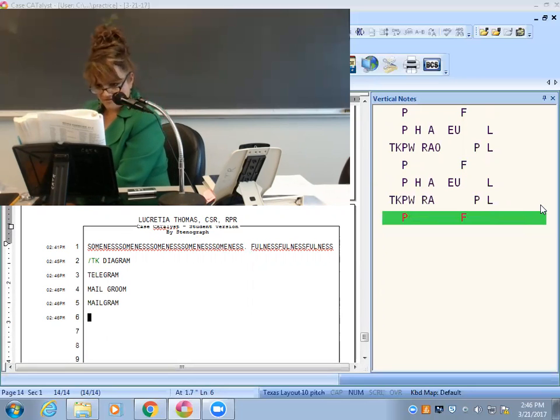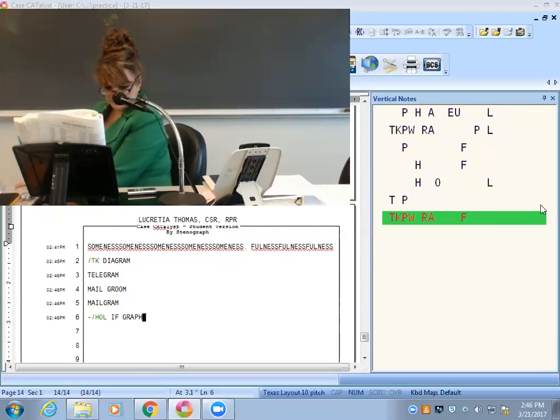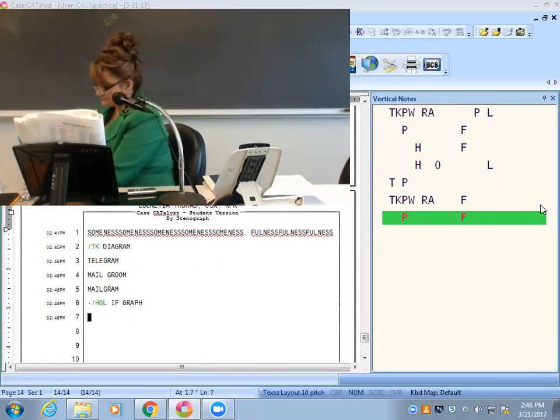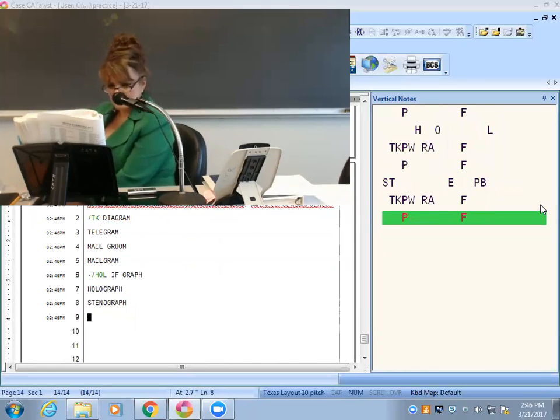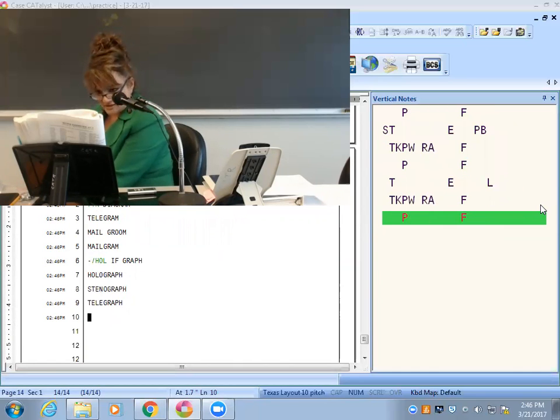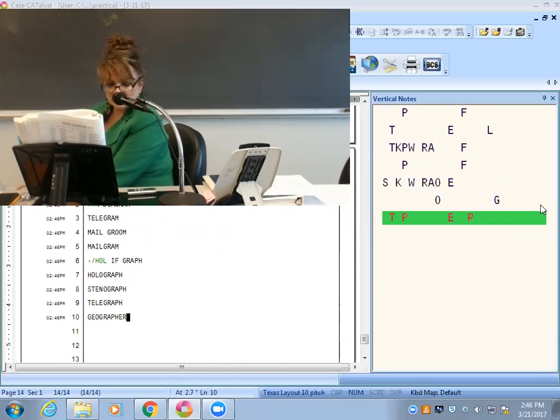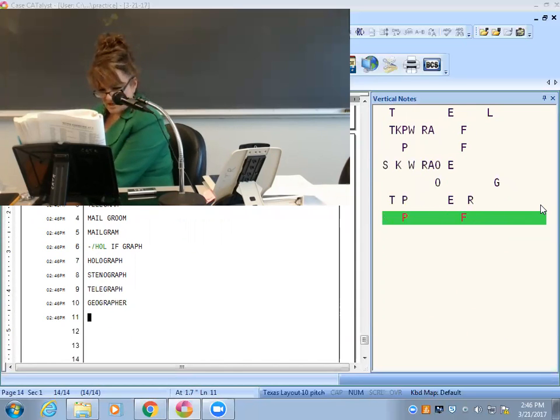And then you have graph words, words ending in ograph, ographer, ographic, ography. Holograph, stenograph, just stengraph, two strokes. Telegraph. And then grapher: geographer, three strokes.